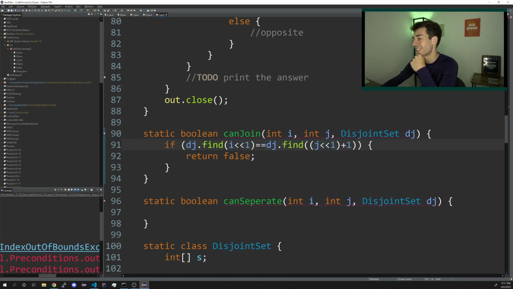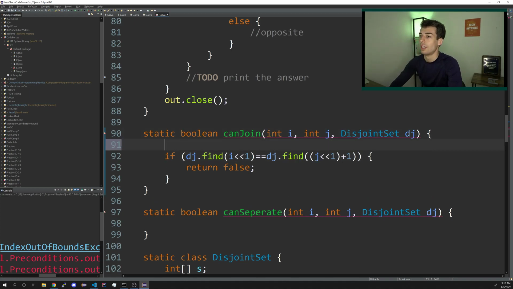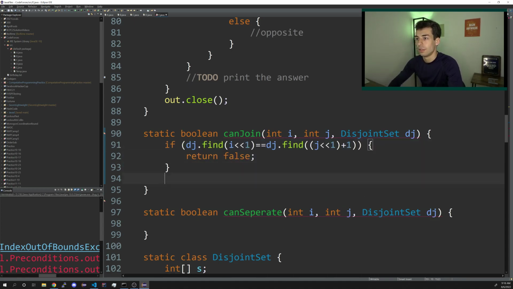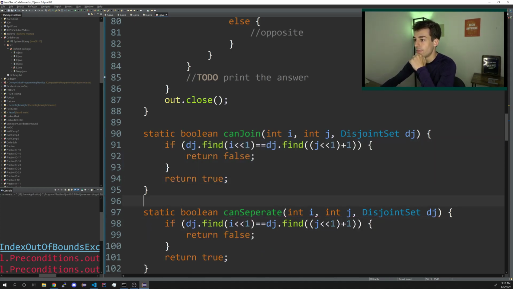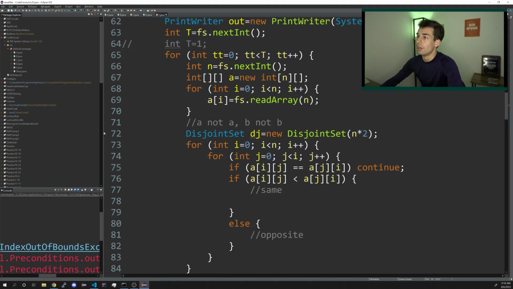Yeah, because this would join something to the opposite of something else. If this is already the opposite, then it's impossible. If i is the same as not j, it's impossible. Otherwise, return true. And then this is kind of the opposite. So this is just, can you separate two things? Well, if i equals j, if they're the same component, then no. Otherwise, you can.